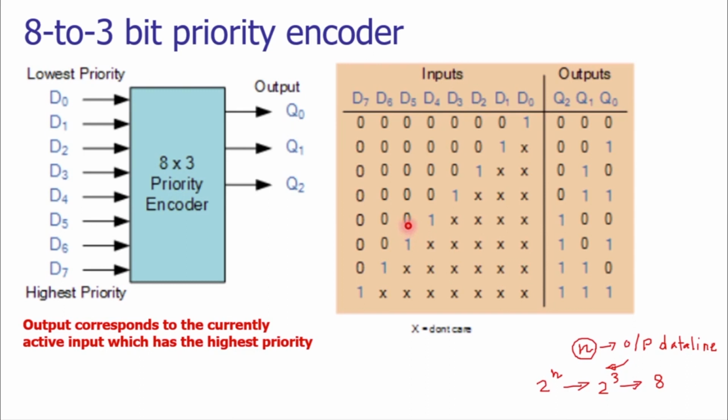If the comparator corresponding to either D7, D6 or D5 is also showing the high level input value, then this would be ignored and the output would be changed. So in this way, the priority level of the input data lines is influencing the output, and thus we are converting the input as the analog signal, that is a continuous function of the time, into the digital output, that is zeros and ones.